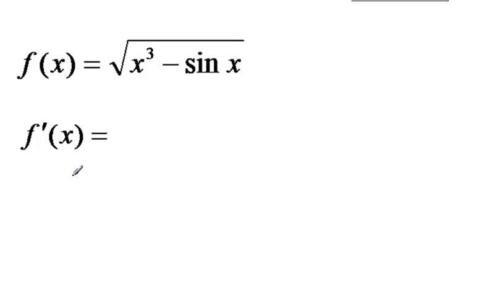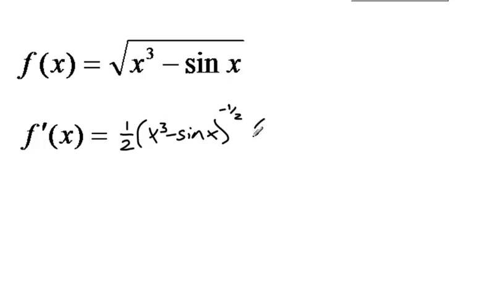All right, so we've got another one here, and go ahead and pause again. Try this on your own, and come back and check your answer. All right, when we did this one, our outside function we realize is the square root function, and so that's going to be 1/2 x cubed minus sine x to the negative 1/2.